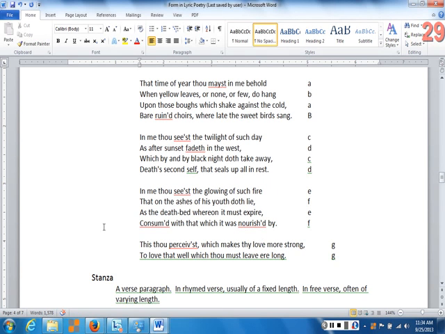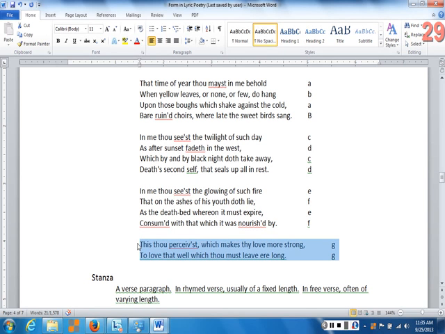And then what happens at the end? Okay, the concluding couplet is different. The concluding couplet then provides a conclusion. This thou perceivest, which makes thy love more strong, to love that well, which thou must leave ere long. Okay?